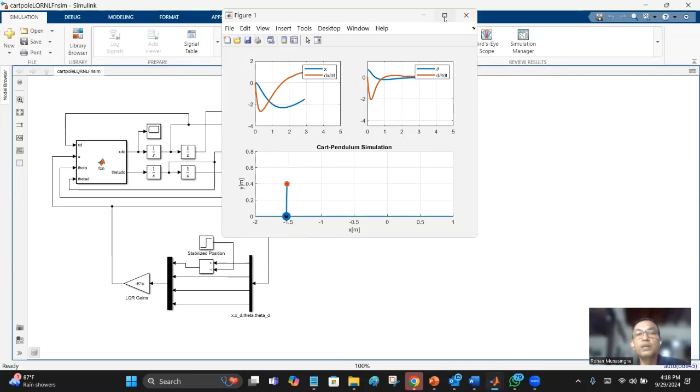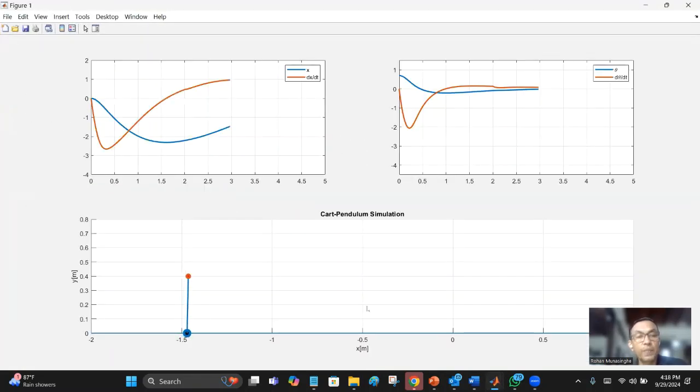That's why. Now you can see the simulation over here. Not too bad actually, right? The same linear quadratic regulator is still able to stabilize the plant when you have the true nonlinear dynamics.